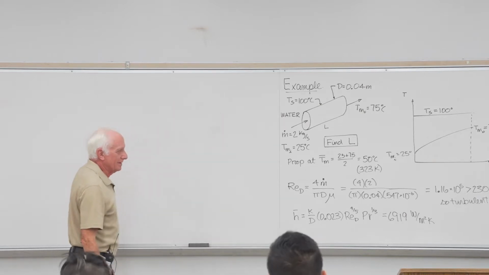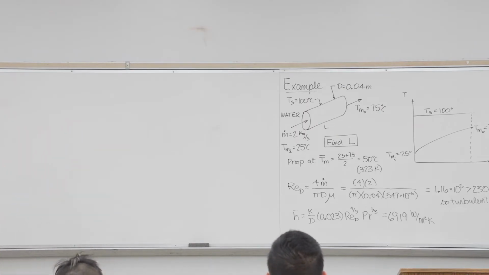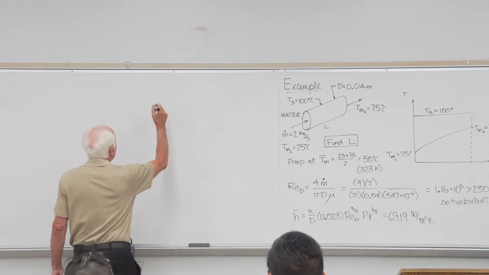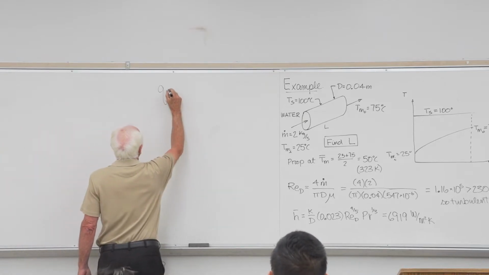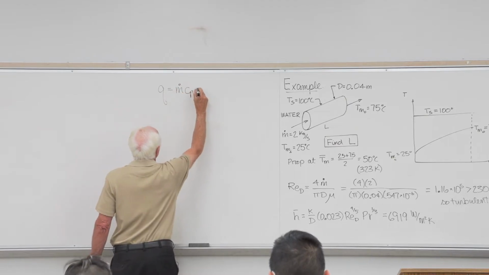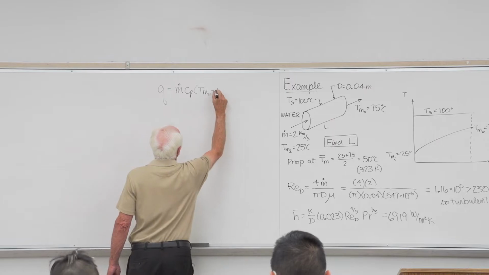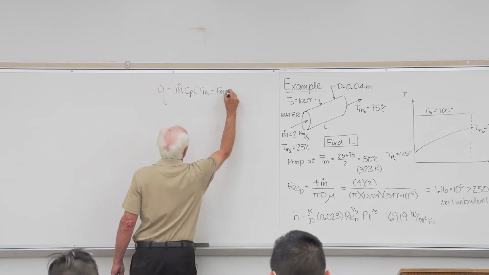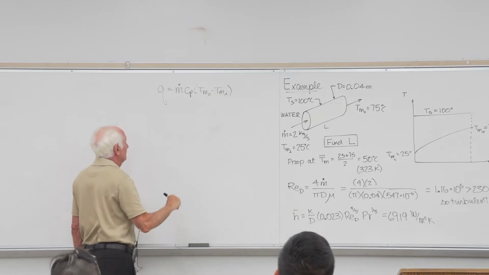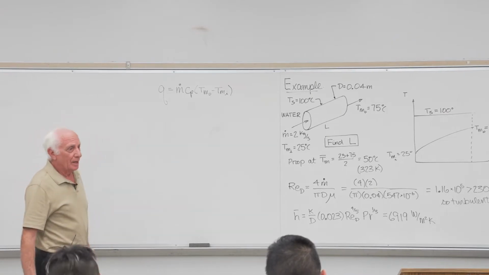Now, you look for an equation that has L in it. Okay, so we try a few equations. Let's try and get Q. Okay, simple equation, Q equals m dot C sub P times T mean out minus T mean in. No L on that one.